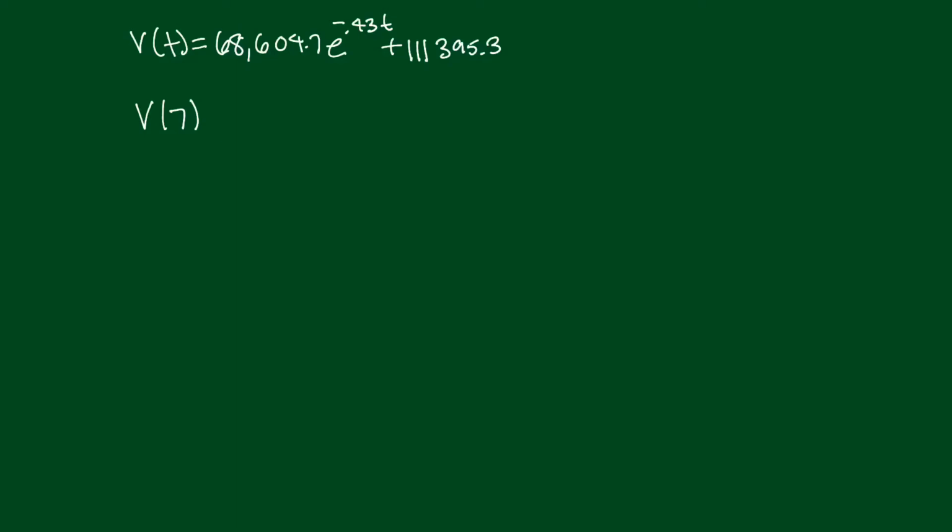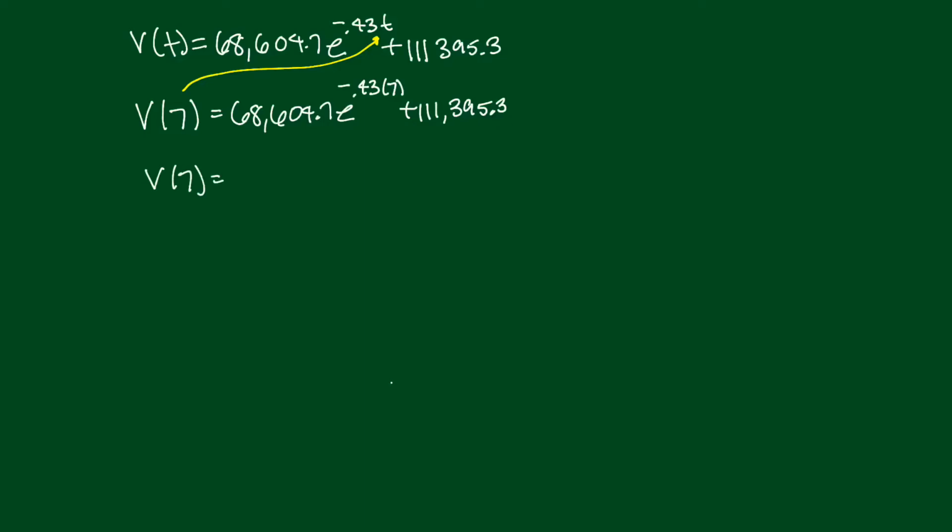So we're going to put this 7 back in here for t. That will give us 68,604.7 e to the negative 0.43 times 7 plus 111,395.3.